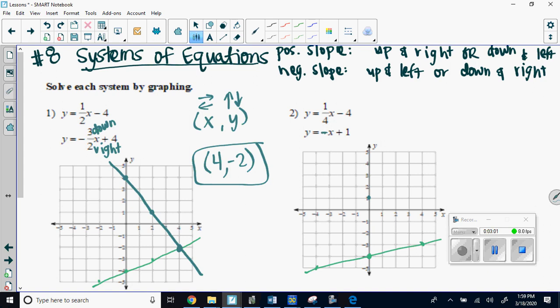This slope is just a plain old negative x, so that means go -1/1, or down 1, right 1. So I start at 1, go down 1, right 1 several times until I hit the green line, right here. This ordered pair is almost the same as the previous one. It's right 4, down 3.